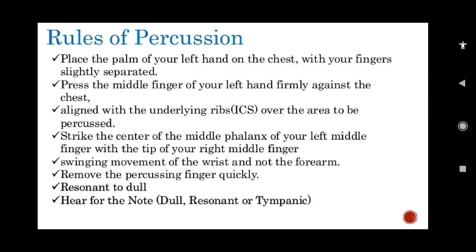There should be movement at the wrist joint and not at the forearm. Remove the percussing finger quickly after giving one tap. Don't tap repeatedly over the left finger placed over the percussing area. Only give one tap and remove the finger quickly.